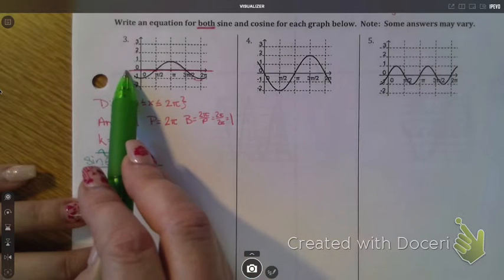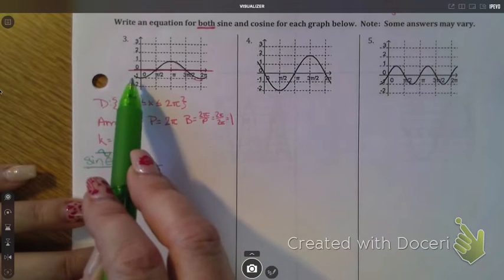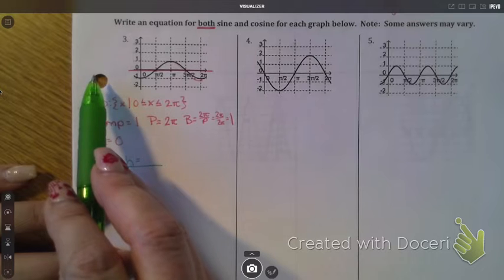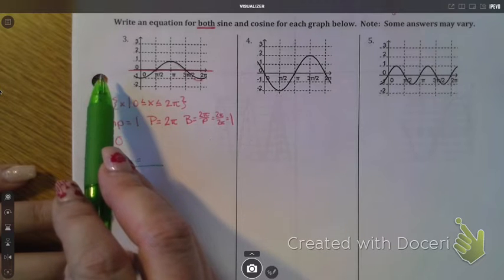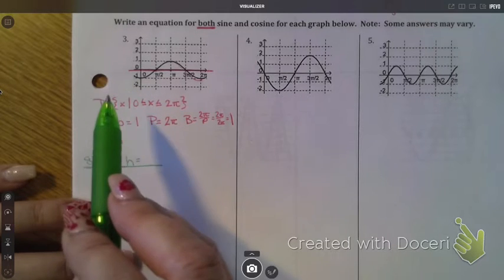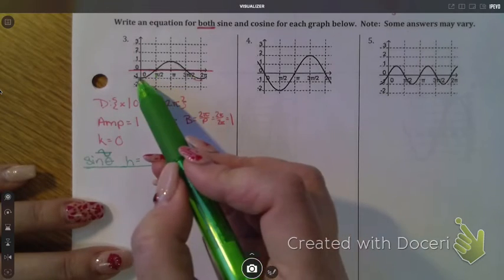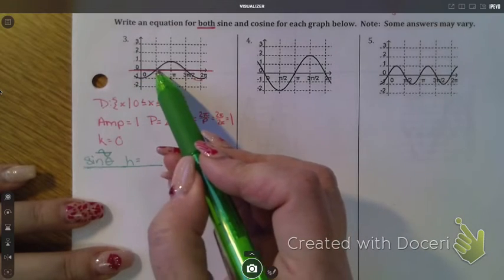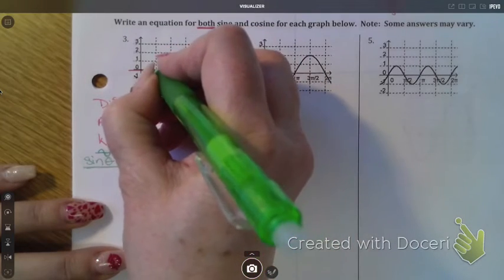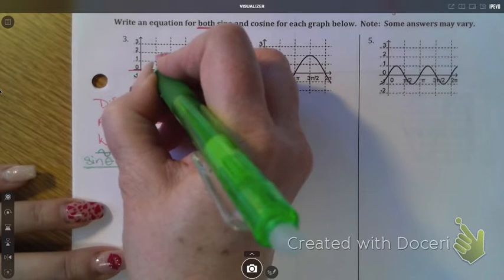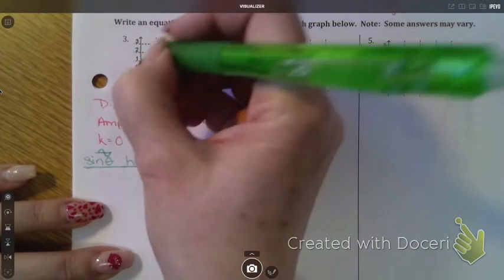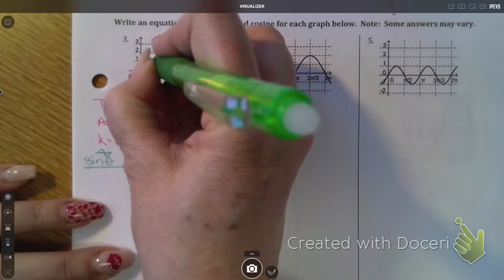Because I don't know back here, do I? You cannot extend and make up your own graph. I'm telling you right now. Everyone hear me and understand me. Because guess what somebody's going to try to do? Extend it and make their own graph. Okay, so where does it start the first time? Pi over 2. I put a dot on my graph if I have a worksheet, and I write sine so I can see it.